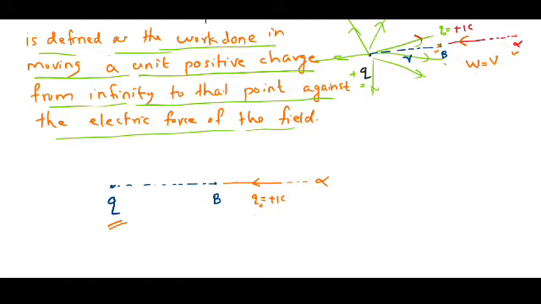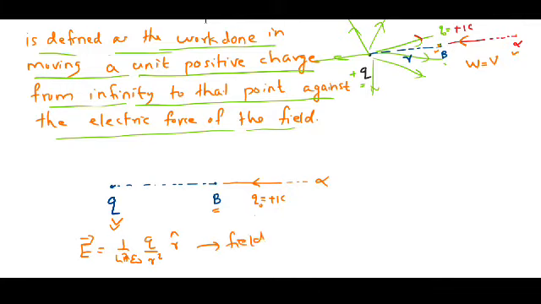Then the electric field at the point B offered by this source charge Q is given by electric field E is equal to 1 by 4 pi epsilon 0 Q divided by R square R cap.